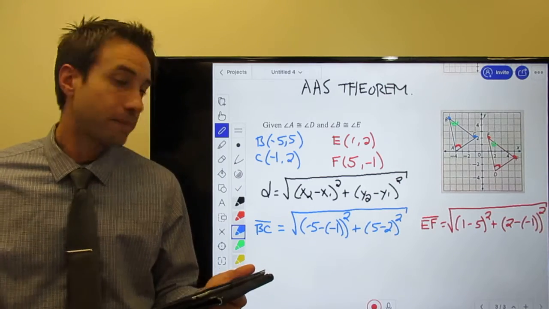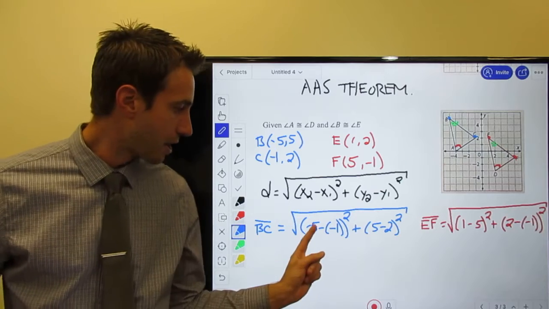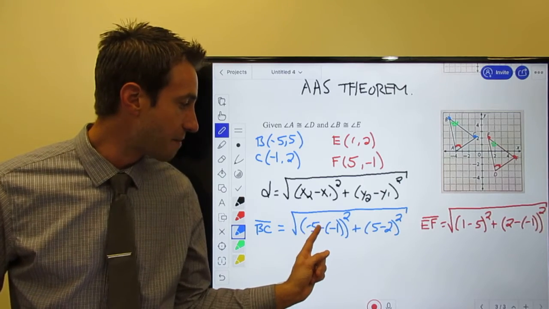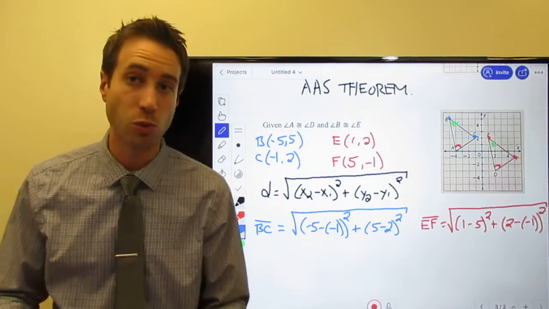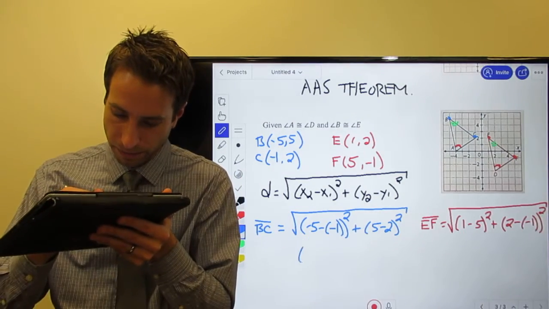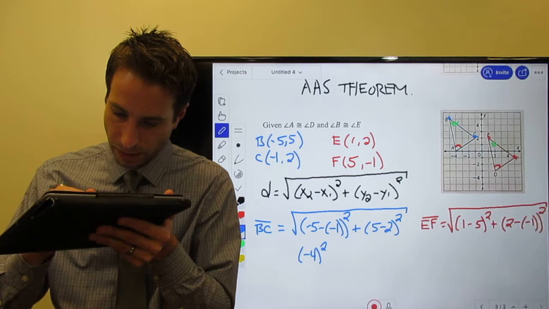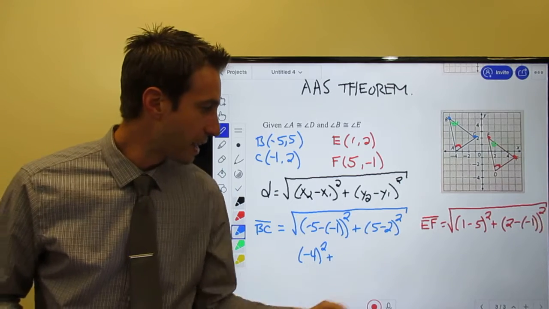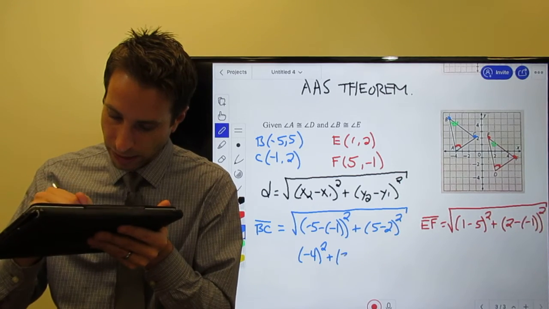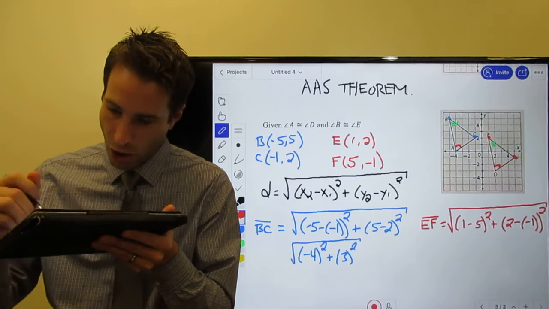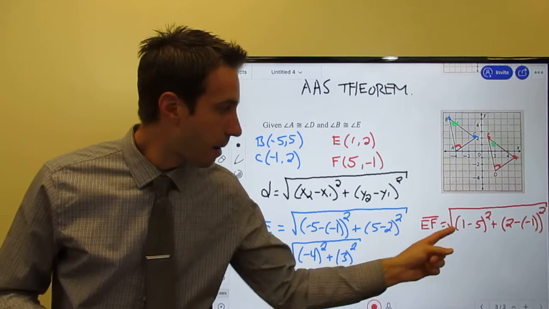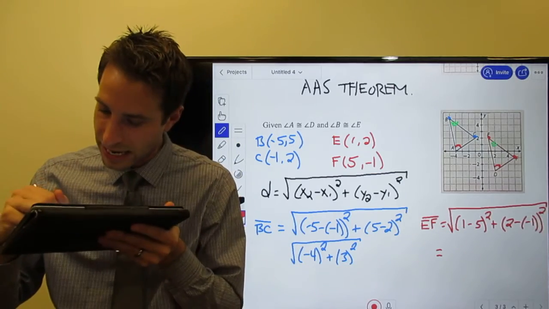Okay, here we go. Let's do a little bit of math. Negative 5 minus a minus 1, add a line, change the sign. So negative 5 plus 1 is negative 4. Plus 5 minus 2 would be 3, so that's going to be a 3 squared. Take the square root of all of it. Over here, 1 minus 5 is negative 4.